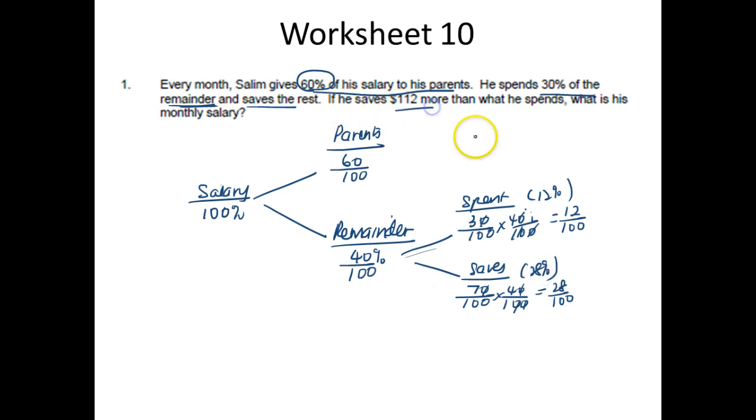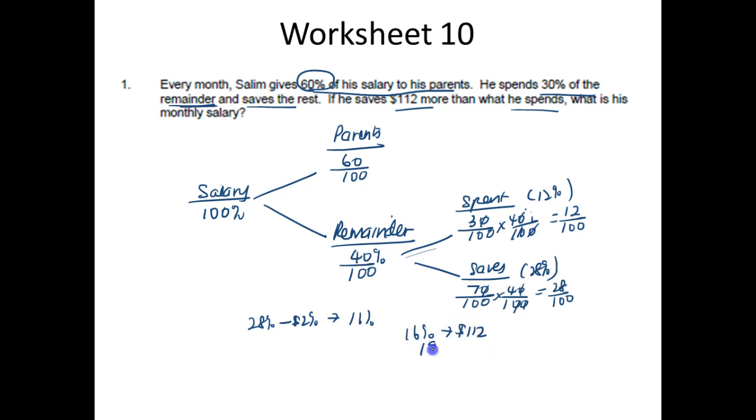He saves $112 more than he spends. So 28% minus 12%, which is 16%. So he saves 112 more than he spends, so his 16% is $112.